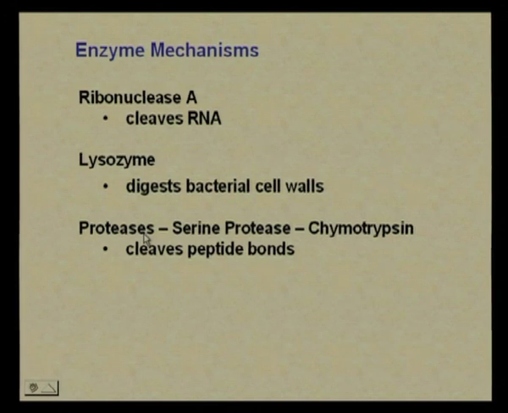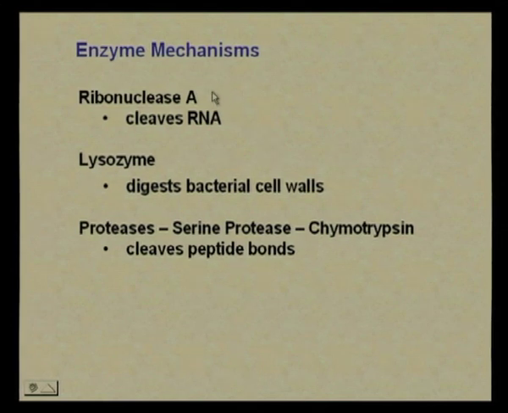Since an enzyme is a biological catalyst, specific residues bring about a certain reaction, and after this reaction is through, the enzyme has to get back to where it started from, because it has to go and catalyze another substrate molecule.